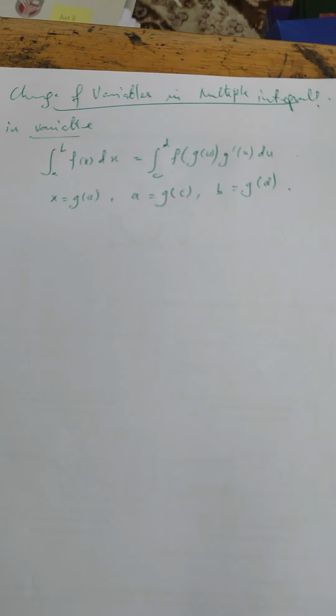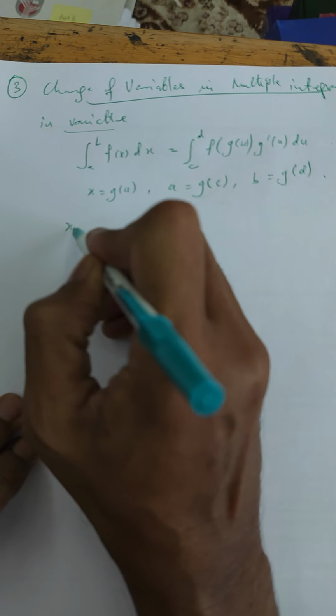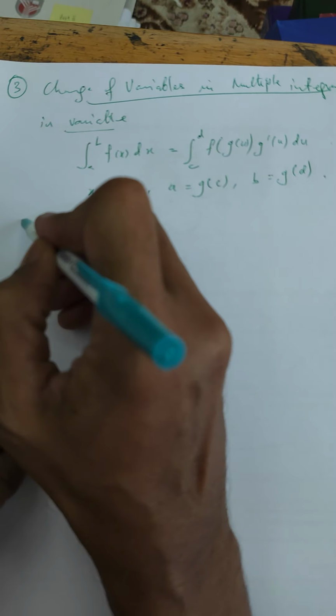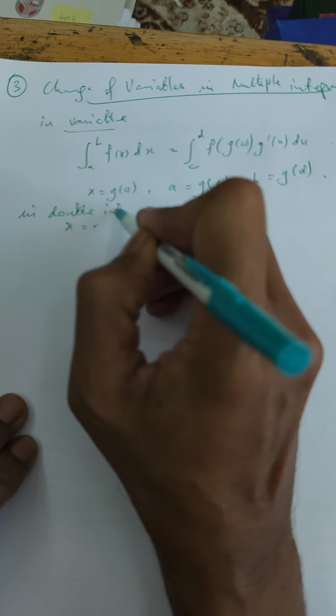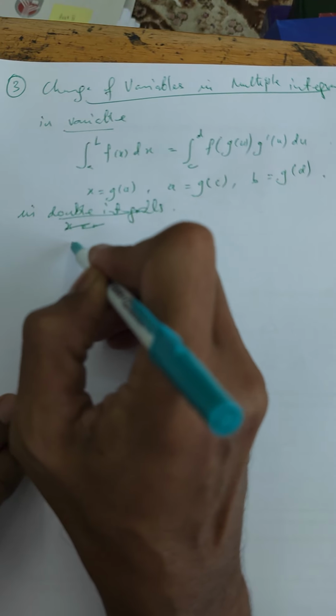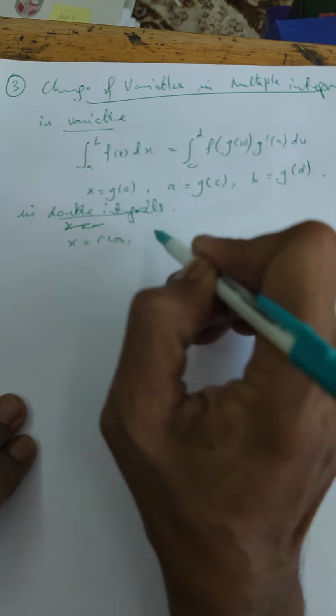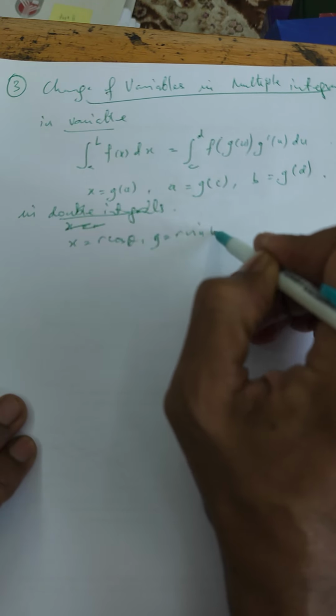Okay, so for the double integral, the example that I gave in my previous lecture when we dealt with polar coordinates, if you remember, we do the change of coordinates x equals r cos theta, y equals r sin theta.